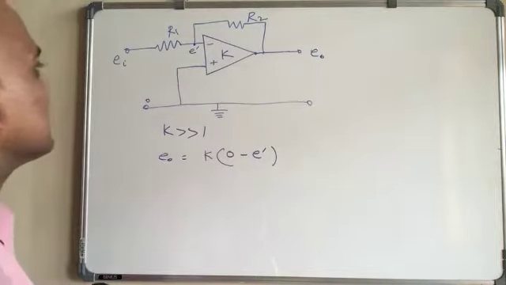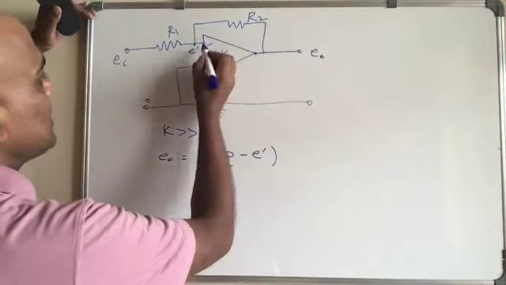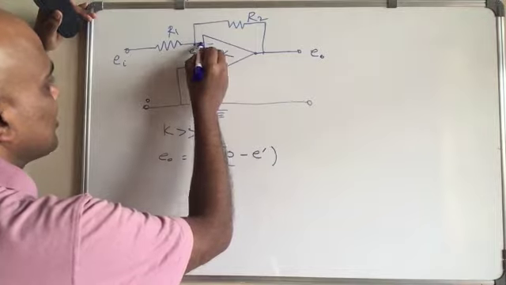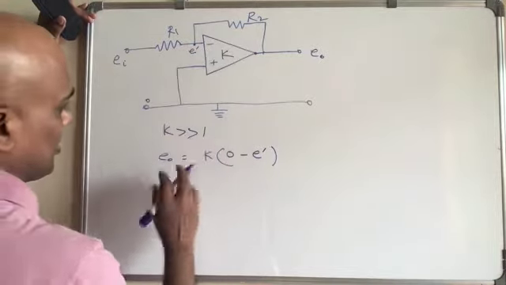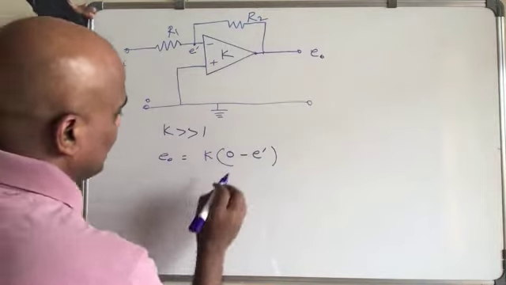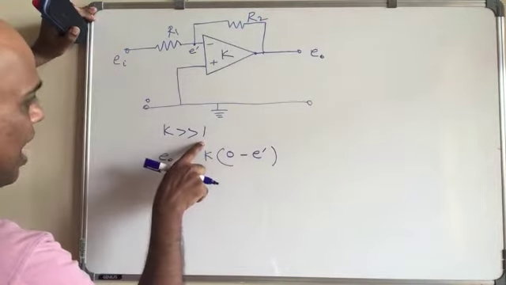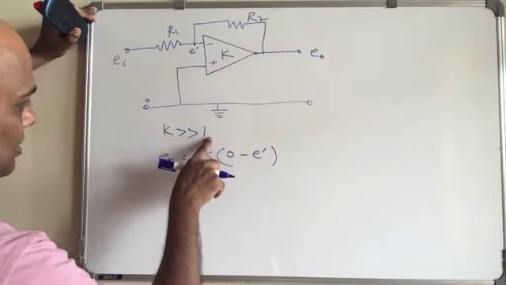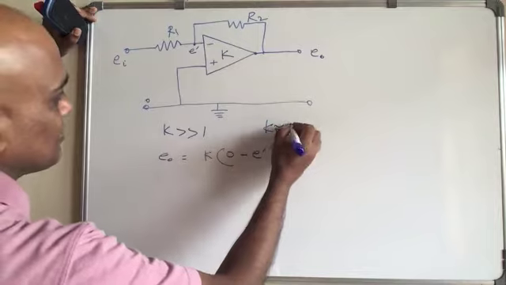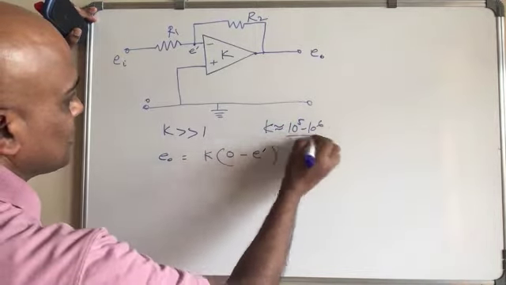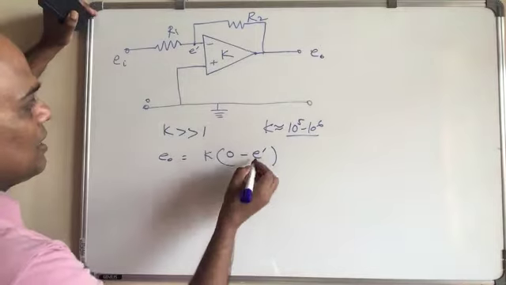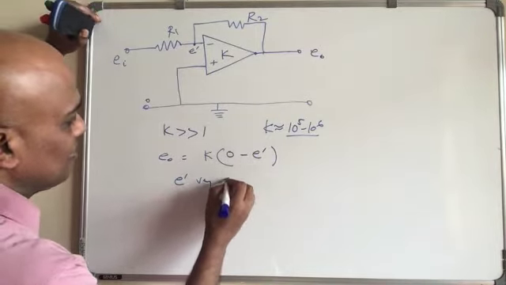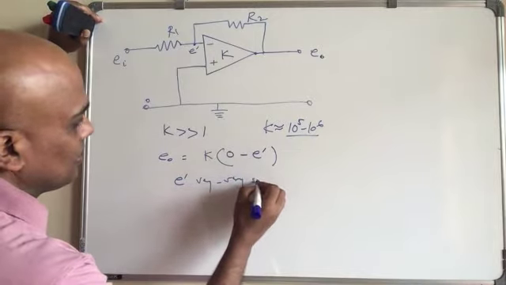Okay, now the third assumption was there is no current going into this one, right? So hold on, I think from here we can see one thing: that if K is very large, very much larger than 1, and we know that K is 10 to the power 5 or 10 to the power 6, that really means E dash will be very small.